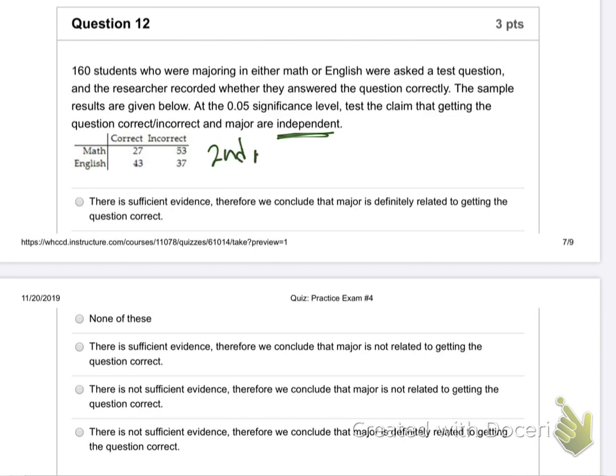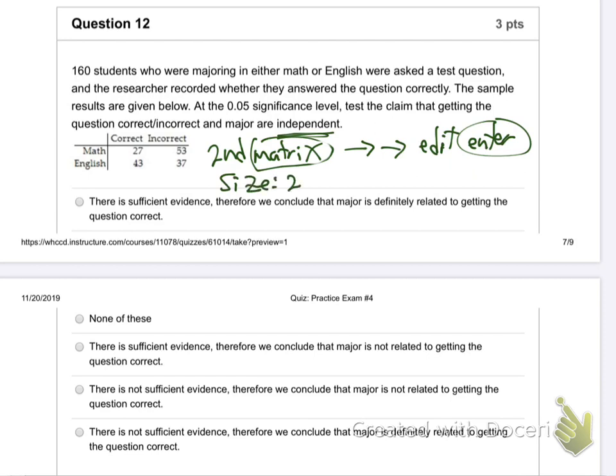Got to go second matrix, and go over to edit, and hit enter. And the size of this one's going to be 2 by 2. And then put in the 4 numbers.